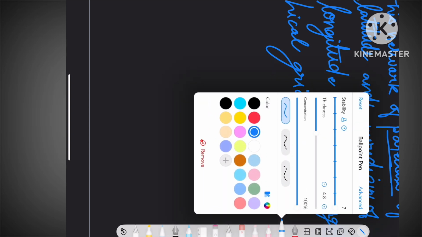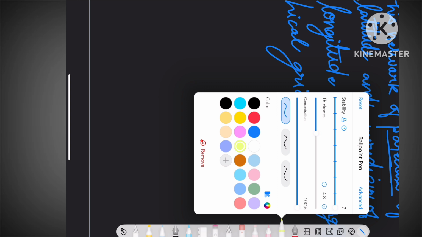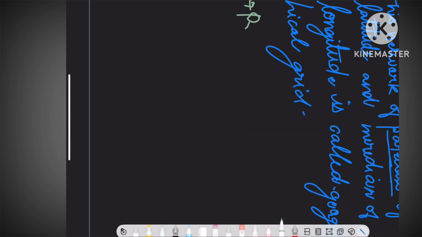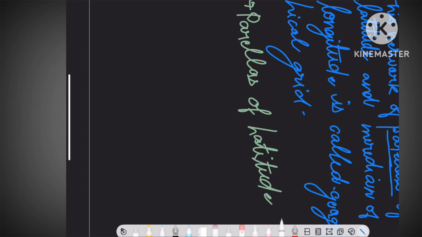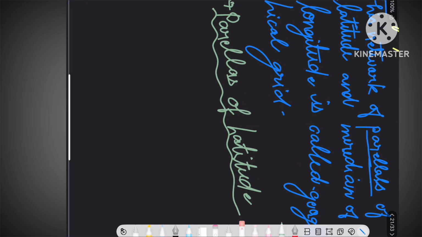That is parallels of latitude. Okay, parallels of latitude.